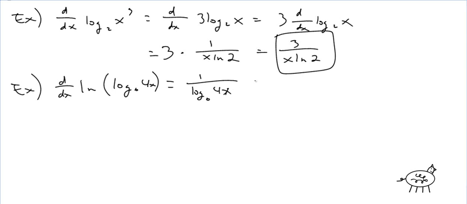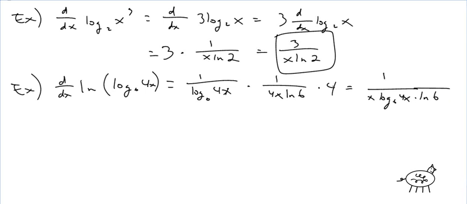And then I do the inside, so it's going to be 1 over 4x ln of 6. And then derivative of 4x is 4. So I put it all together, and I get 1 over x log base 6 of 4x times ln of 6, because these 4's cancel. Okay, so that's my answer right here.